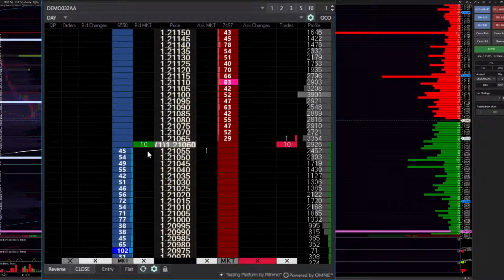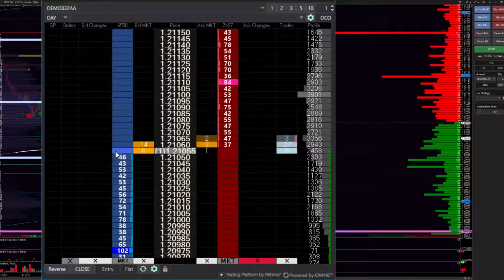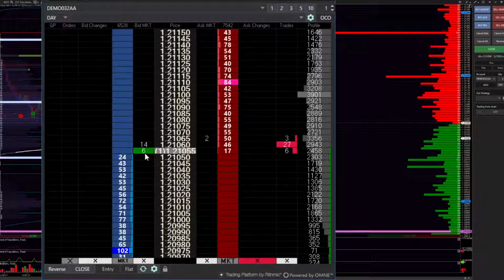When market orders are executed, what they're doing is taking whatever is offered in the bid and ask columns. So if somebody takes all these buying offers, they will be selling to them, and that will bring the price down.